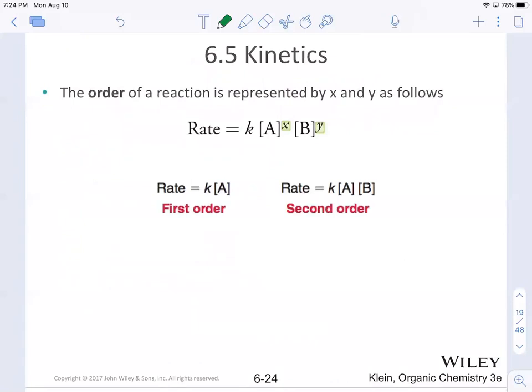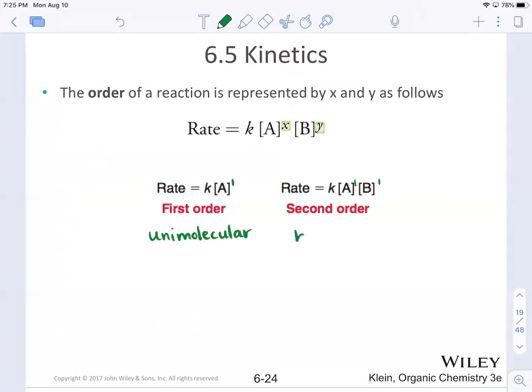Now, the order of the reaction is represented by the exponents for the reactants in the rate law. If there is one exponent or one molecule, that is what we call a first order reaction, we are going to call that unimolecular. Uni for one, molecular for molecule, right? The second order reaction that we are going to see is when we have 2 reactants that are going to collide together.